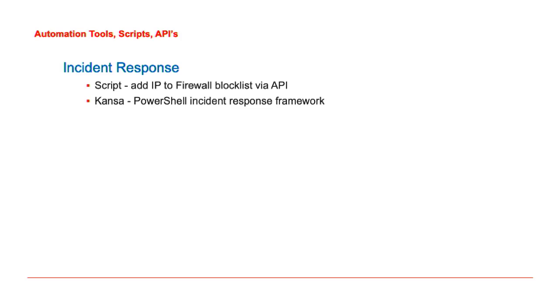So there are a couple of tools that are really good as far as incident response type frameworks. I'll go ahead and put them both up there. It's Kansa and PSRecon, both PowerShell. They're really good. Let's say somebody did get hit with a phishing email and you're curious, you really don't know without doing a full forensic investigation, did they run an executable?